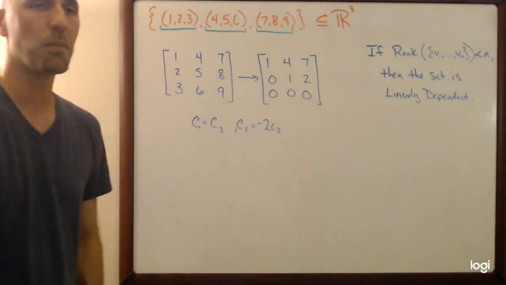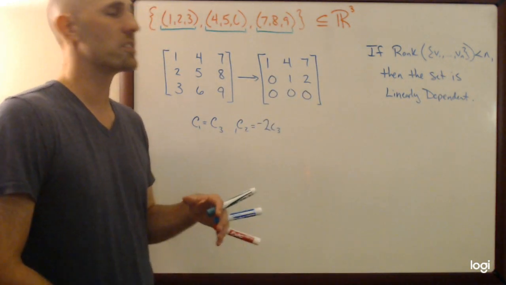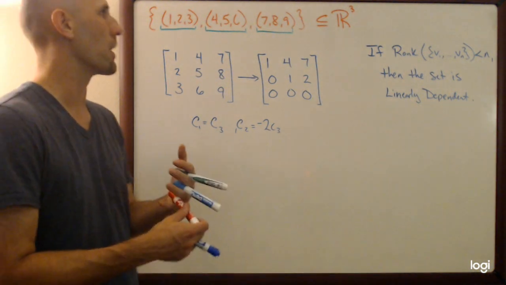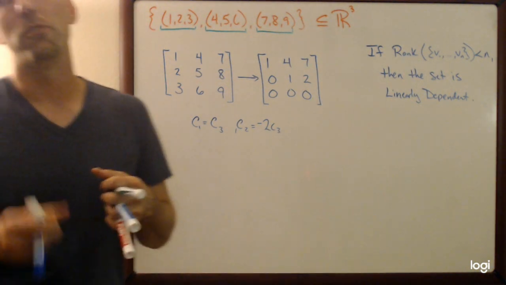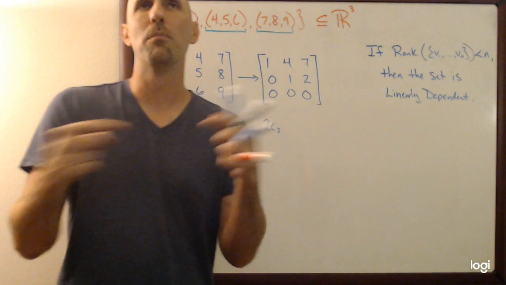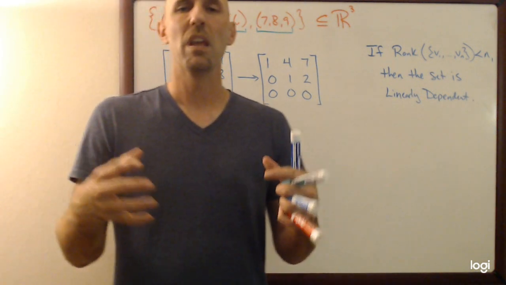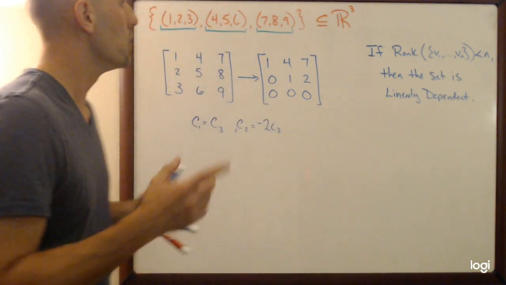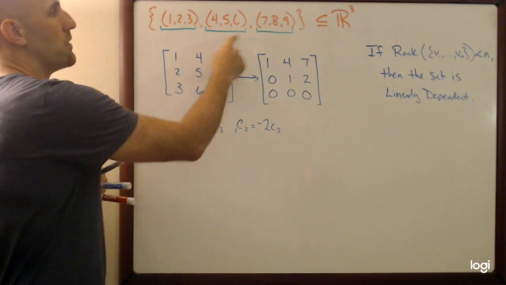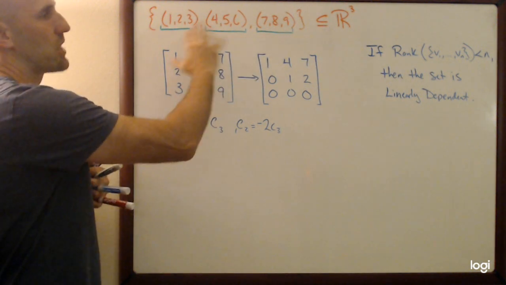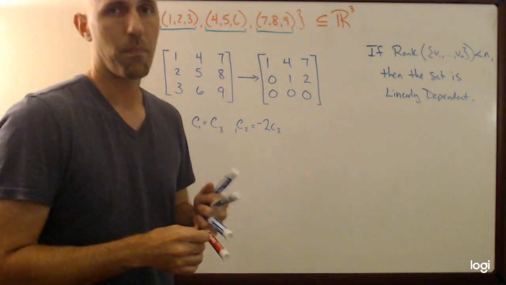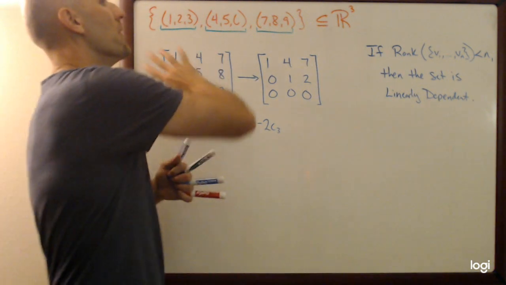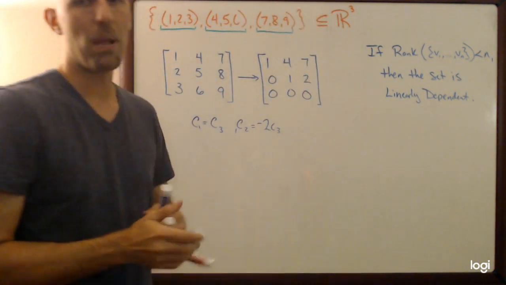Must be linearly dependent. Now, connecting to something I said earlier: if you have 2 vectors that are scalar multiples of each other, so they're proportional, that's linear dependence. You will notice none of these vectors is a scalar multiple of another one, and yet again, this is dependent.